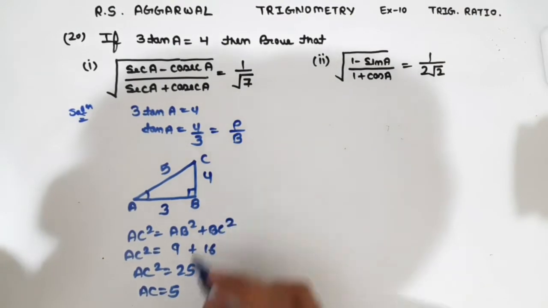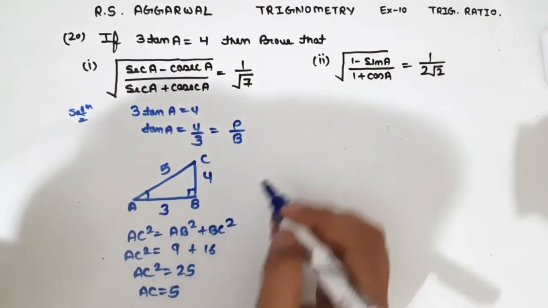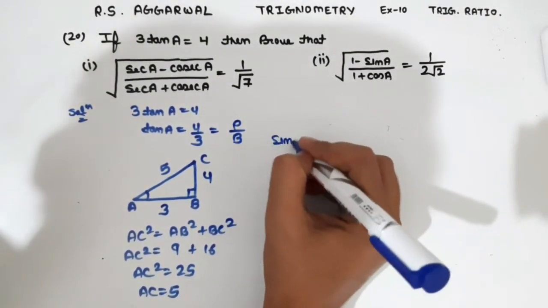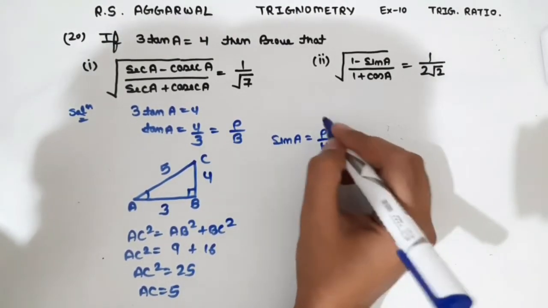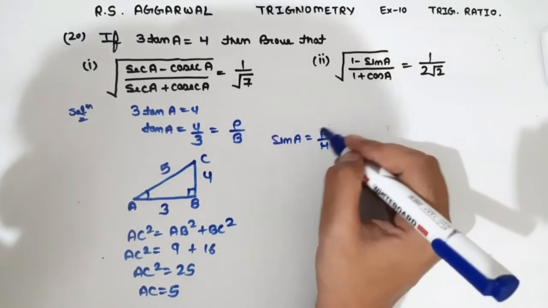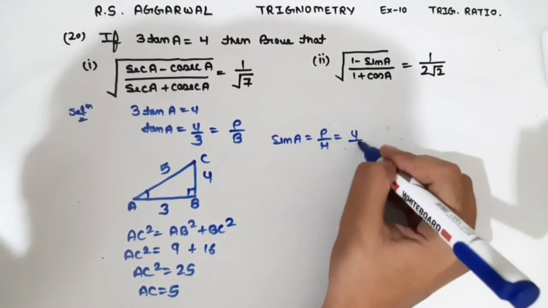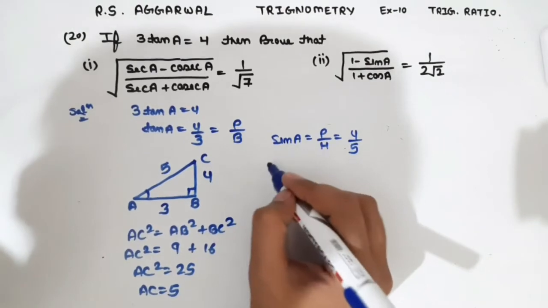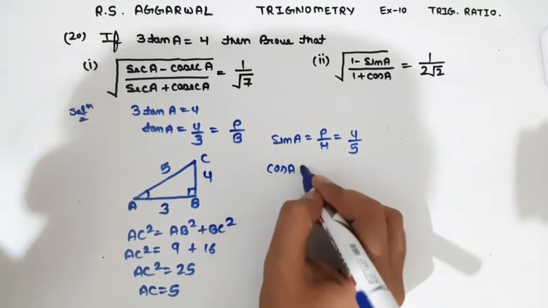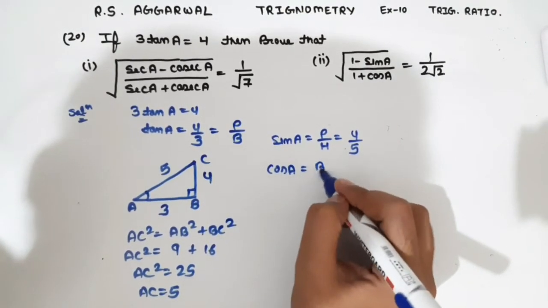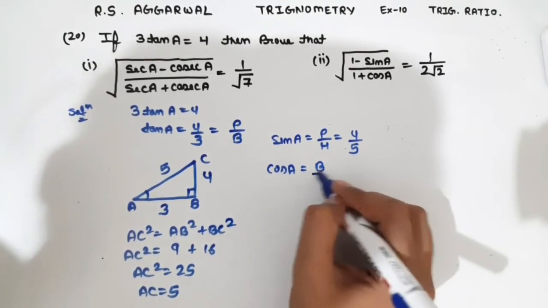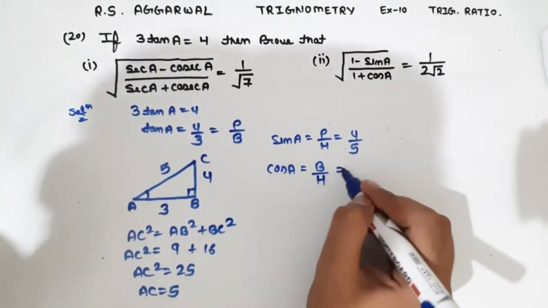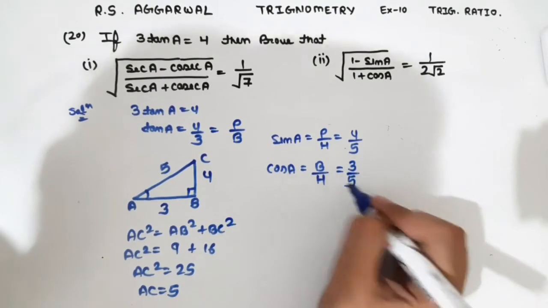Now from this triangle sin A will be given by perpendicular upon hypotenuse, that is equal to 4 upon 5, and cos A will be equal to base upon hypotenuse, that is equal to 3 upon 5.